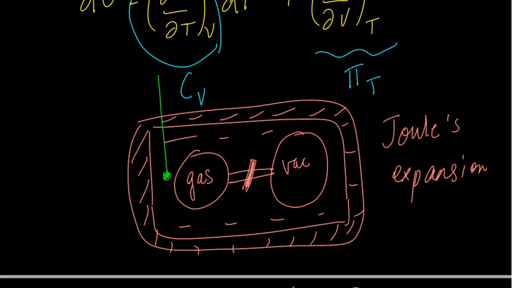Yes? So here, can we say that it is expansion against vacuum? Yes, because the vacuum is just momentary, just initially, when the gas starts moving. The rest of the gas has to expand against some pressure because some of the gas has already gone into that. So it's not completely a vacuum.